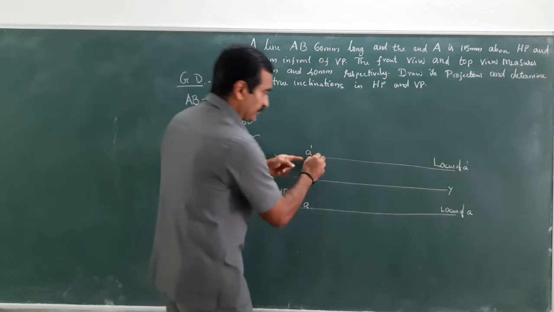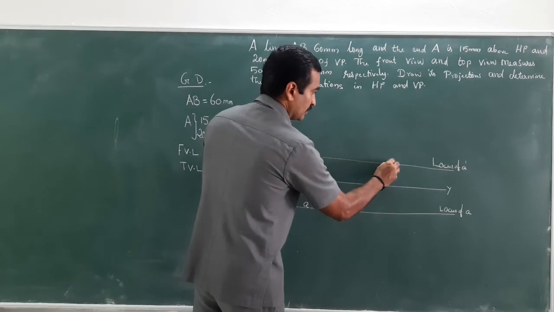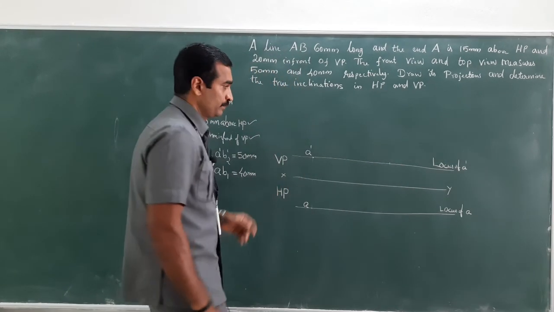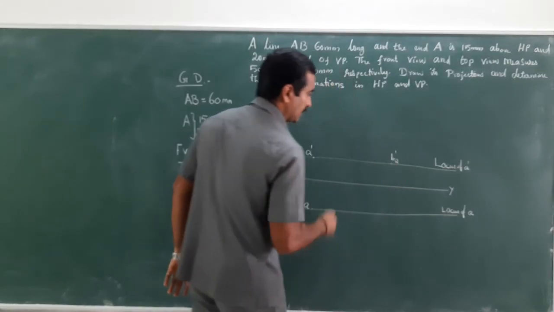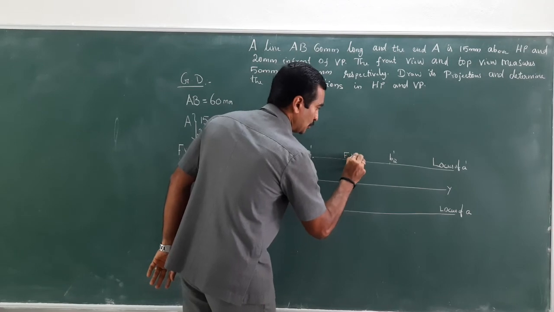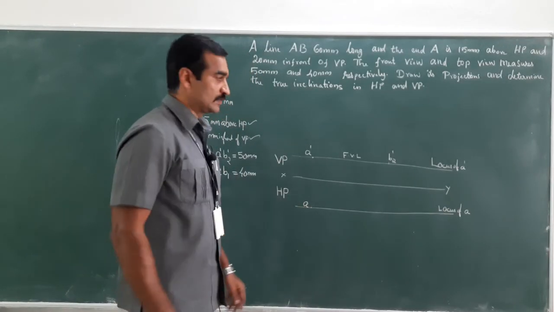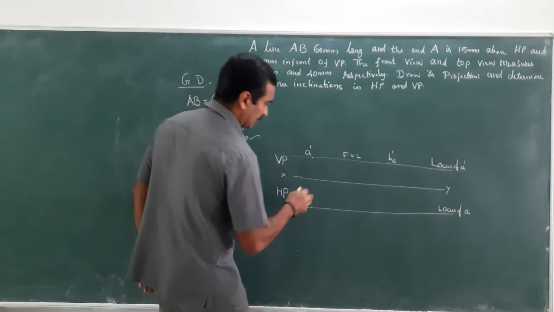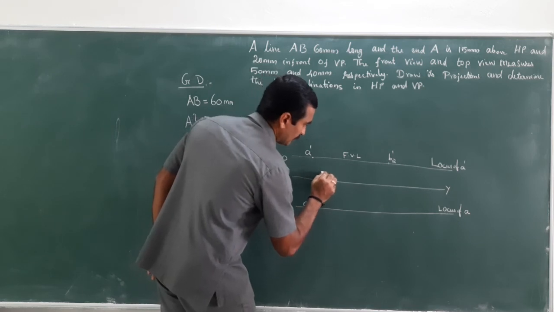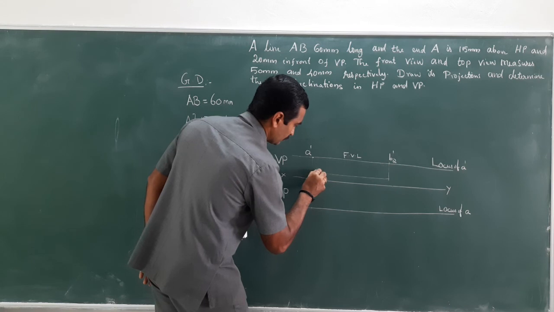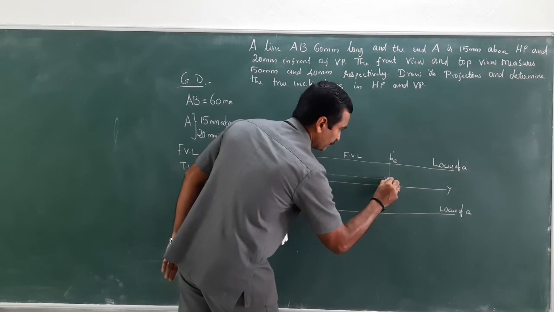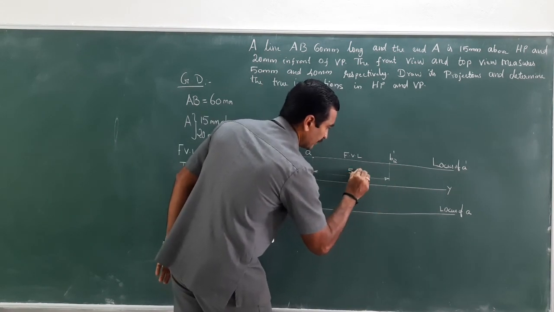Take 50 mm from A dash, cut a line, and this is B2 dash. This is the front view length of dimension 50 mm, isn't it? This is 50 mm.